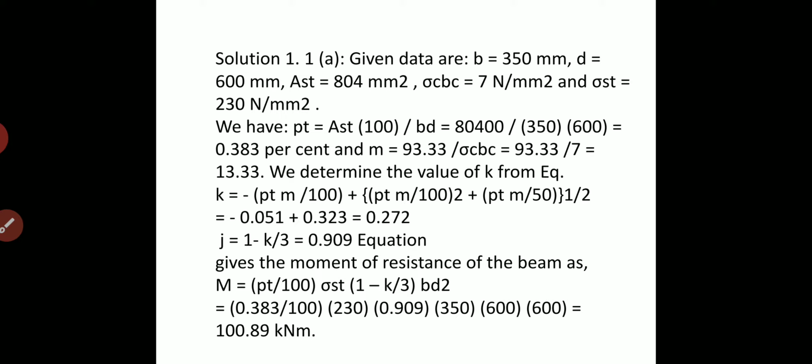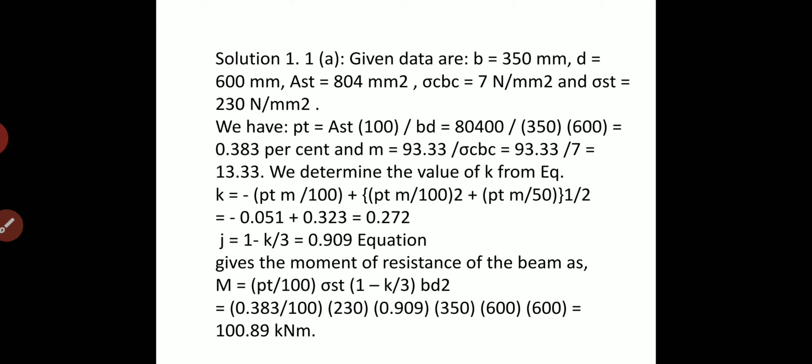Second value M, which is modular ratio, equal to 280 by 3 sigma CBC.